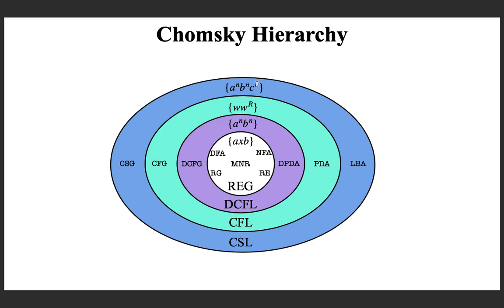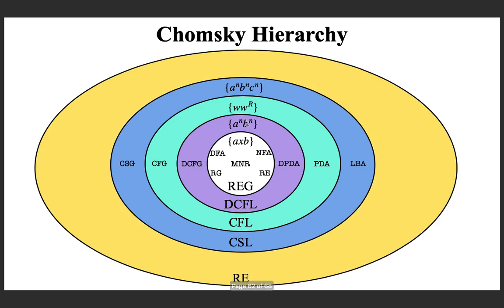And after context-sensitive languages, we looked at Turing machines, and the language is recursively enumerable. If there exists a Turing machine for a language, it is called recursively enumerable. The representations we discussed are Turing machines and unrestricted grammar.